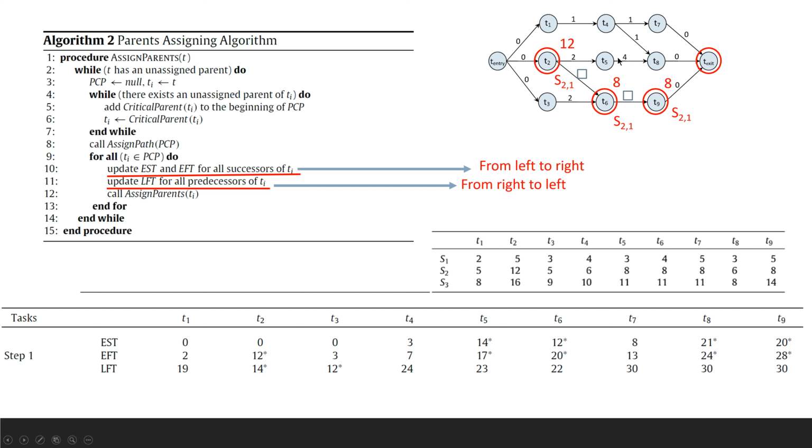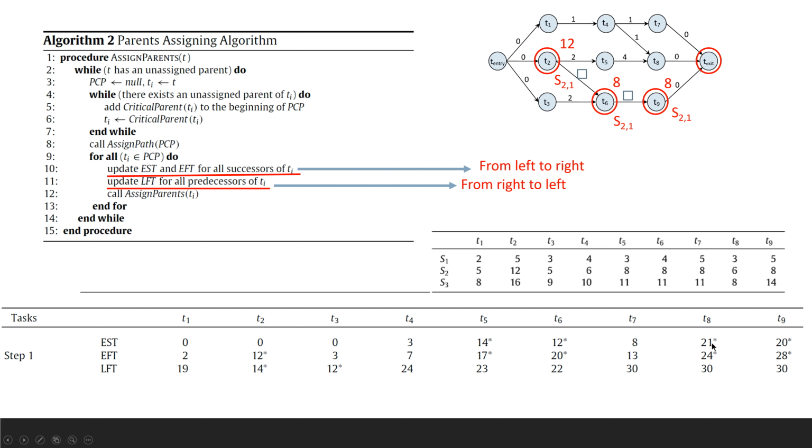And then we can update T8 based on T5 as well. T5 is finished at 17, so T8 can start at 17 plus 4, that's 21. You can see here, 21 is updated. In this graph, if a value is updated in this round, there is a star behind the number.